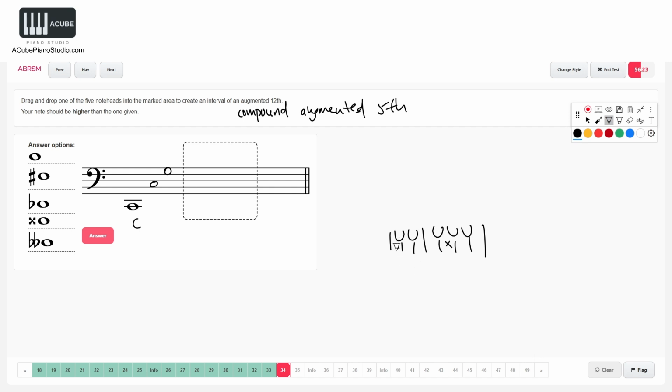Because C major has no sharp, no flat, so you have the G note. But I do not want a compound perfect fifth. I want a compound augmented fifth, so I need to be one semitone higher, so it should be G sharp. So let me put G sharp, and it must be this G here in order to be a compound augmented fifth. Okay, so there you go, this G sharp here. Answer.